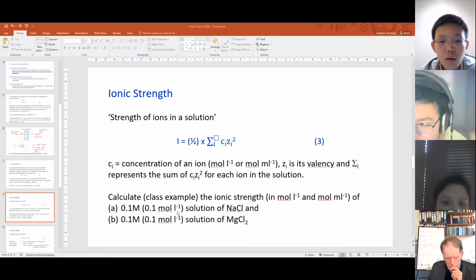Is it? So a mil, is that a less volume or greater volume than a liter? Less. So you need to divide by 1,000. Okay, that converts moles per liter to moles per mil.